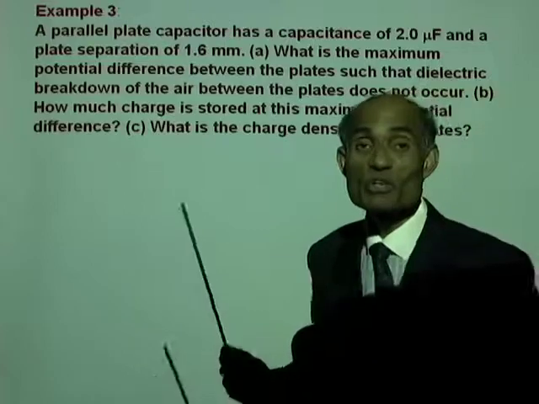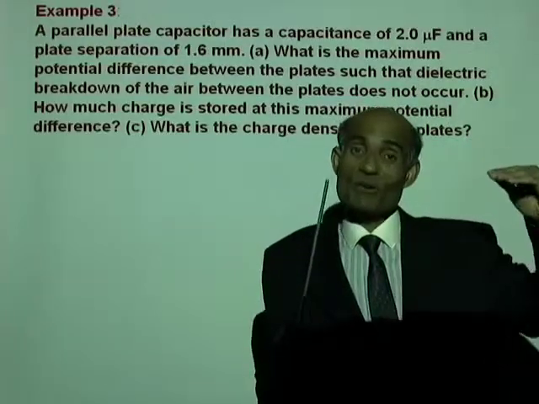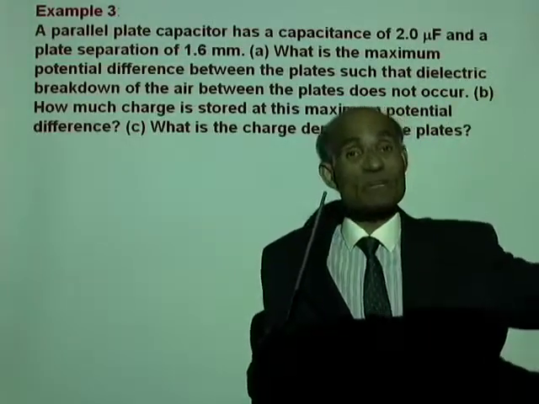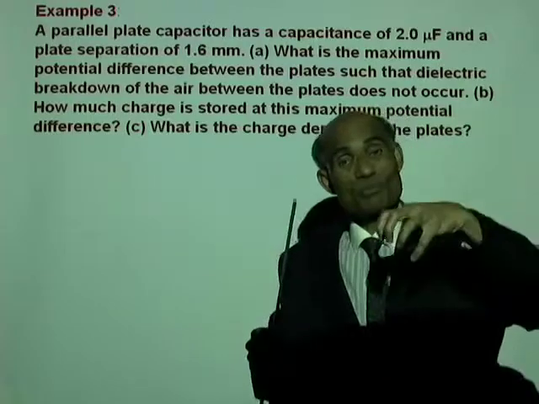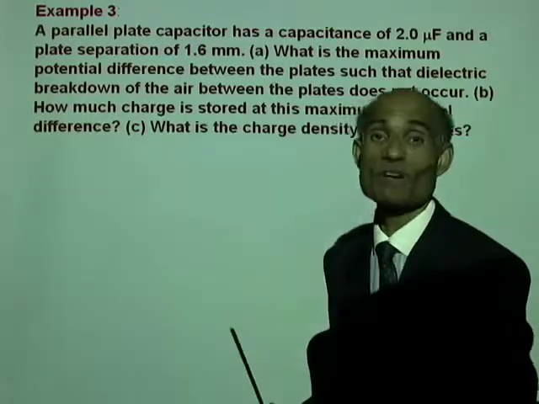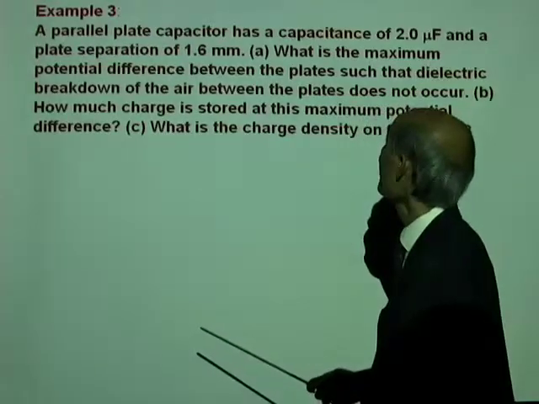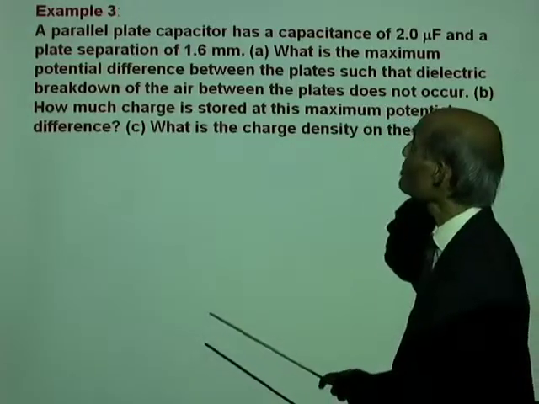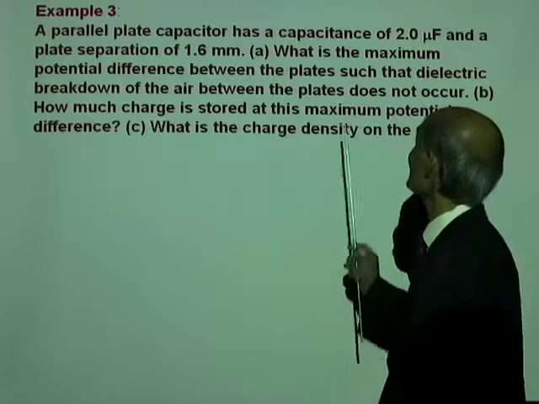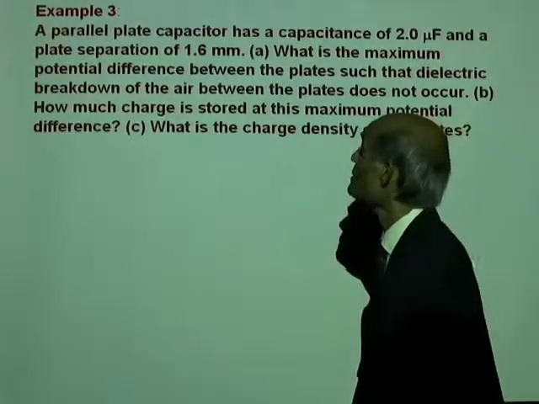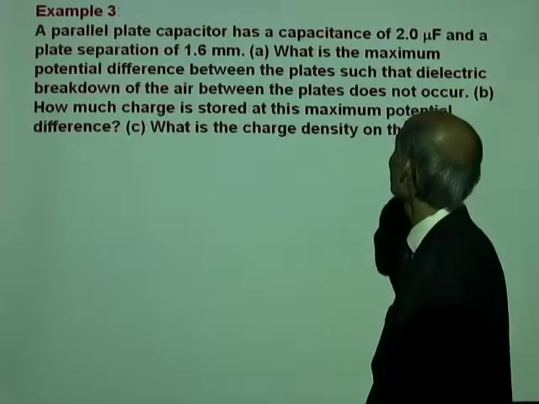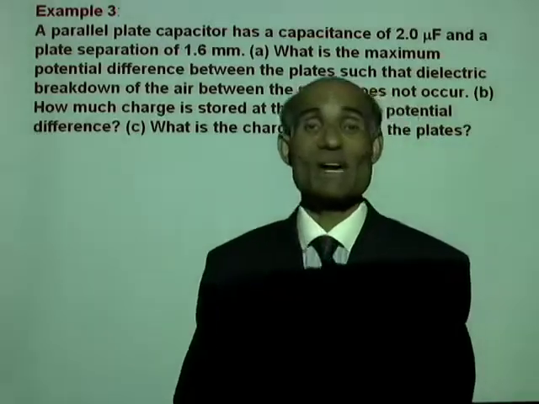Well, here we will use information that we have actually obtained from previous lessons and couple it with the concept of capacitance. Alright, what is the first thing that we need to do? What is the maximum potential difference between the plates such that dielectric breakdown of the air between the plates does not occur?